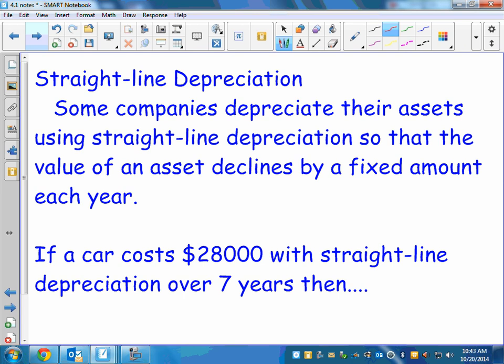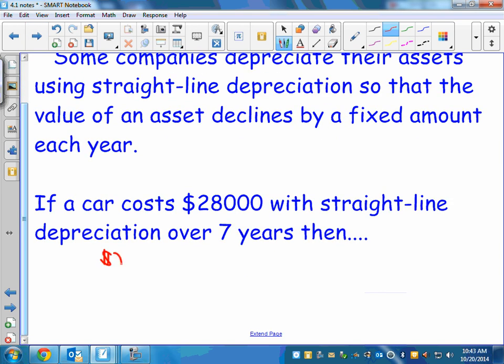If I had $28,000 and it says straight line depreciation, then we know it's going to go down at a fixed amount each year. So over 7 years, what's 28,000 divided by 7? 4,000. We can say that the car loses $4,000 per year in value.